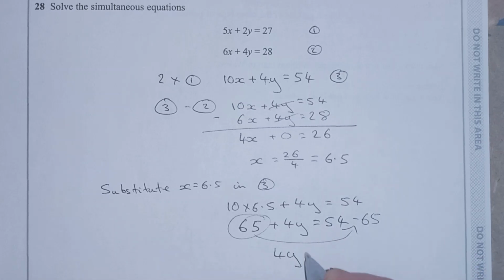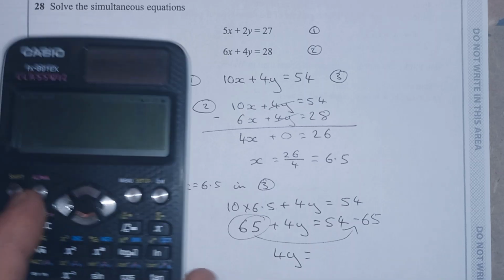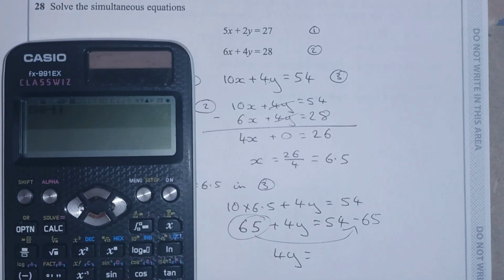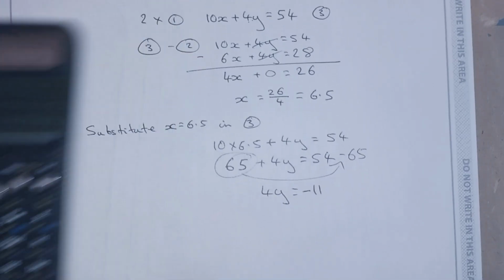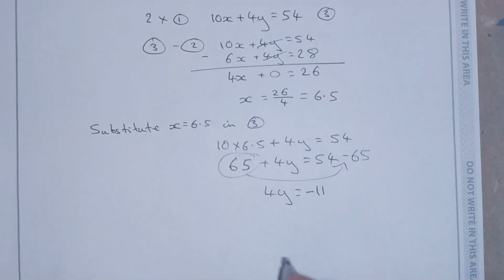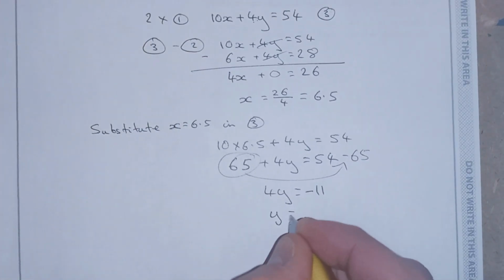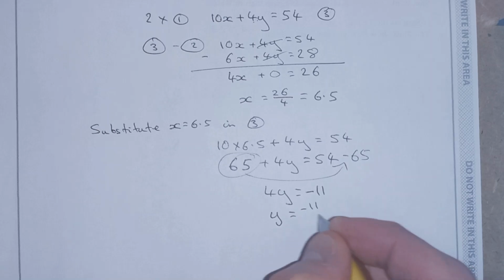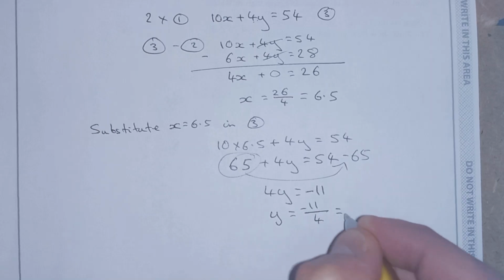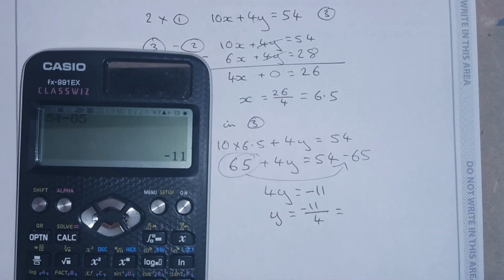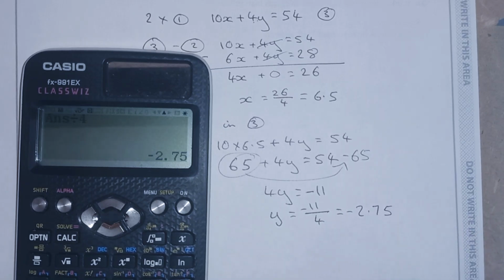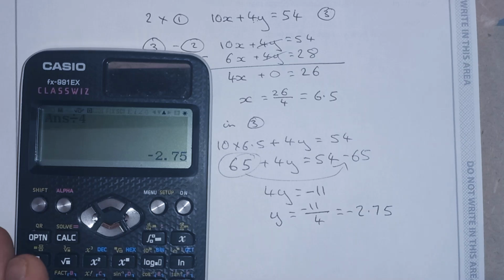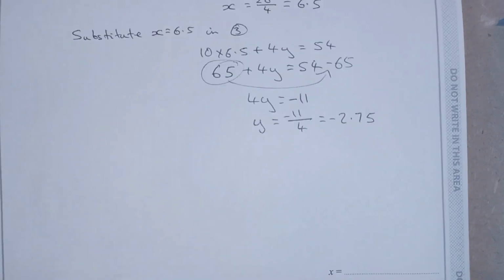So we get 4y equals 54 minus 65, which is minus 11. So if that's what 4y is equal to, then 1y is going to be minus 11 divided by 4. And we get minus 2.75.